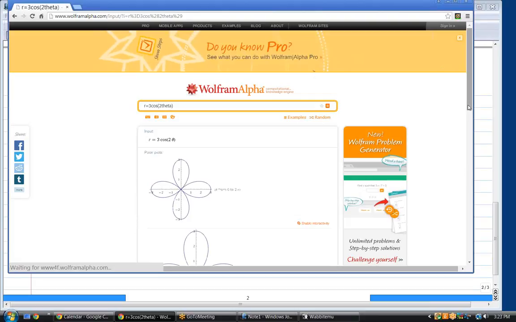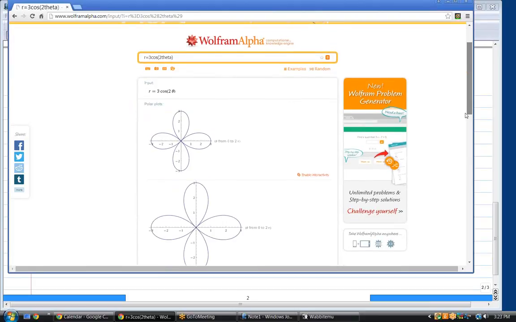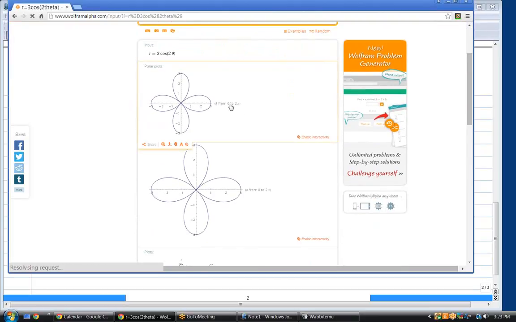Ah, we got 4 petals as we go from 0 to 2 pi. The key thing to notice is where is the first point? In other words, when theta is 0, the cosine of 0 is 1.